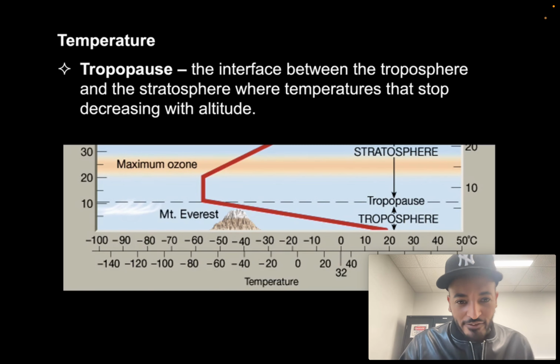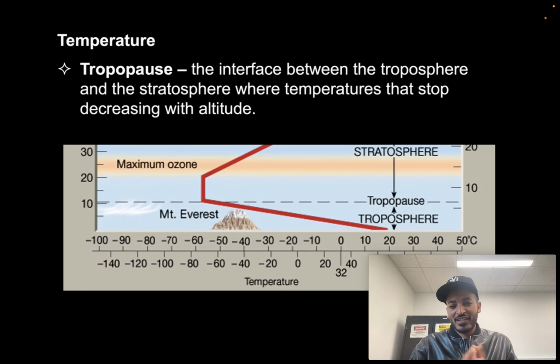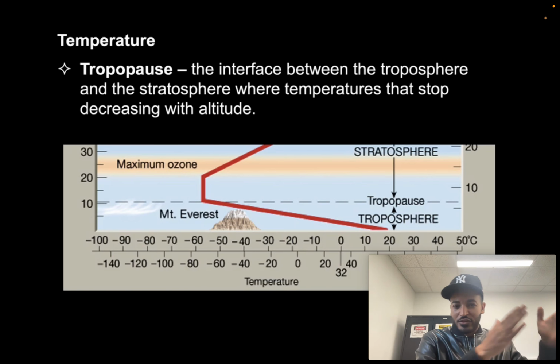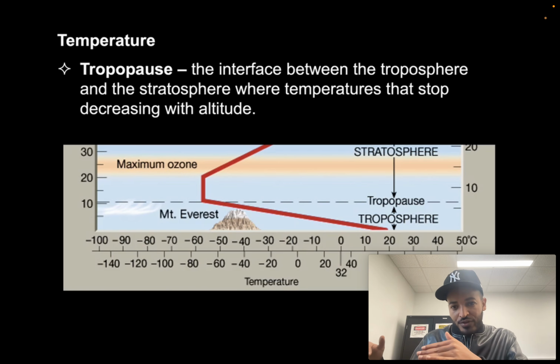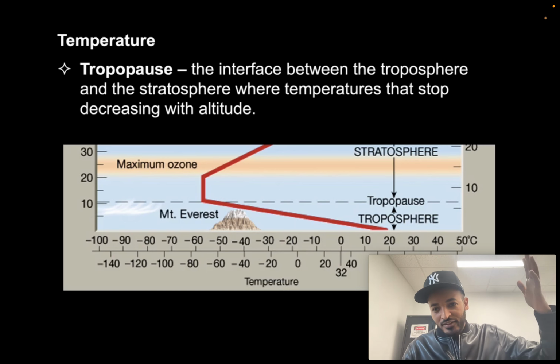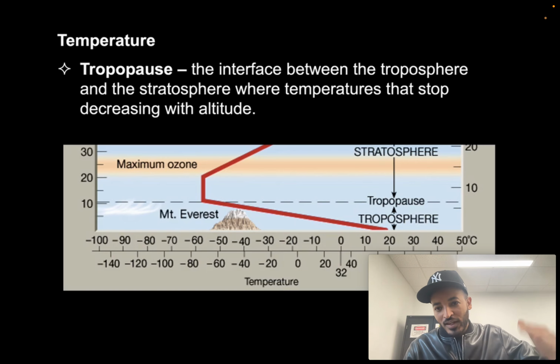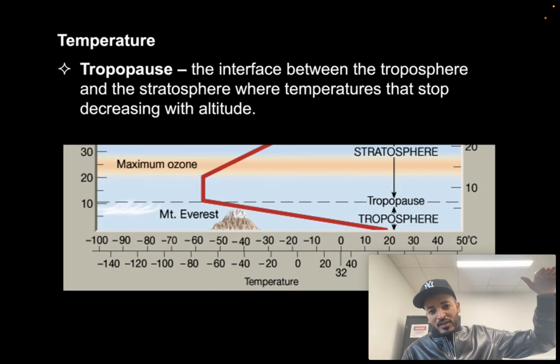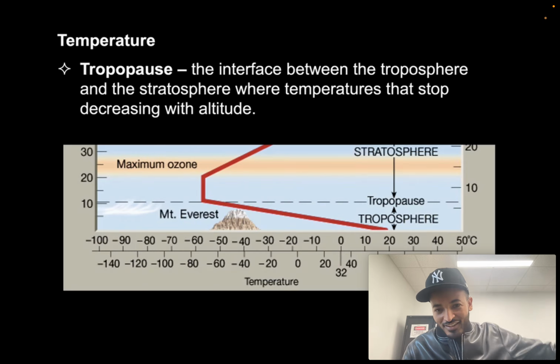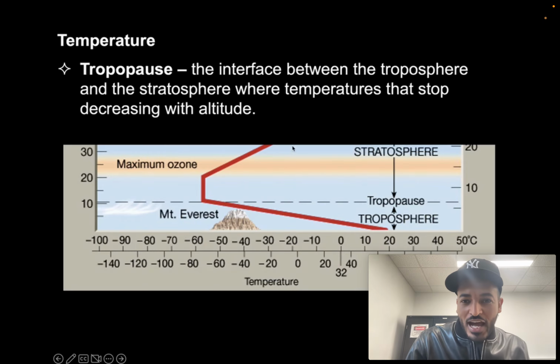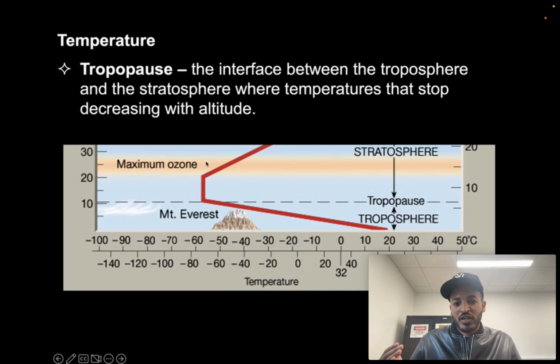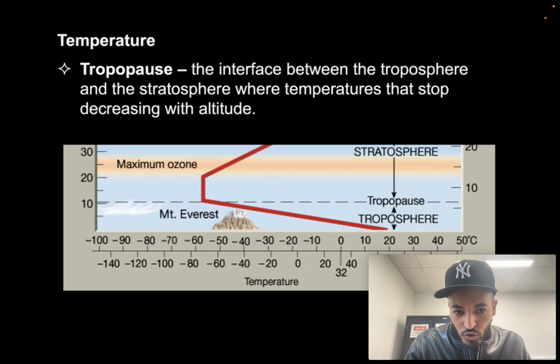Back to temperature again, right? We see that temperature has different trends, right? At first, the first 10 kilometers or so, it consistently decreases with height, and then we have what we call the tropopause, that's the zone where the temperature neither increases nor decreases. So it's the transitional zone.